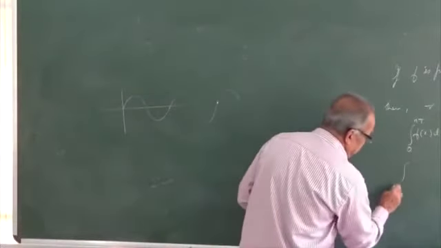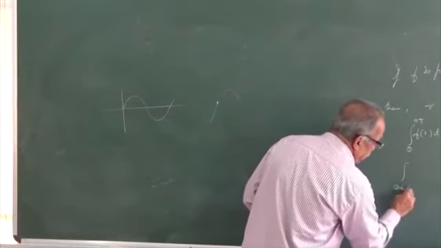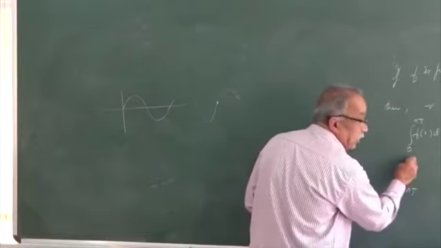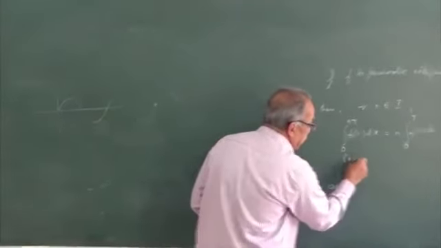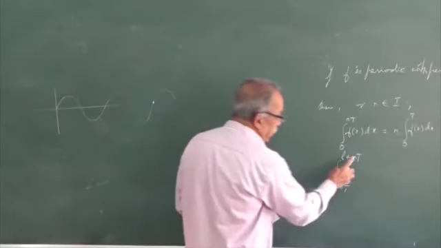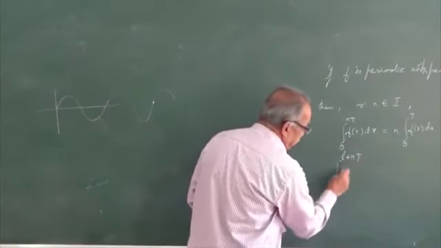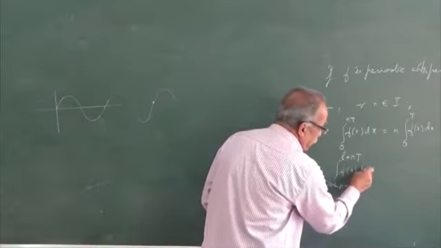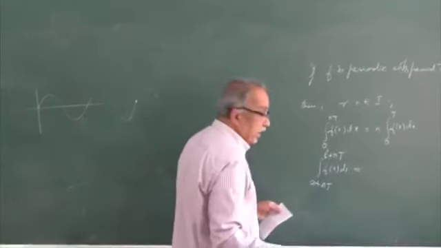It may be any number like a plus nt. And the ending point also may be any number like b plus mt. Or to begin with, let me have the same nt. Will be equal to, can you guess?